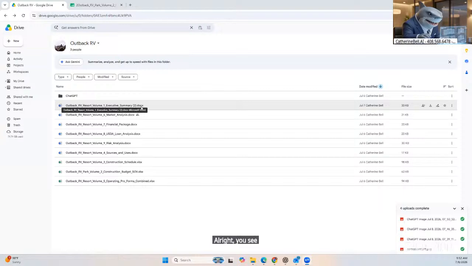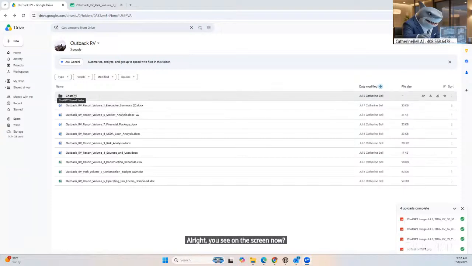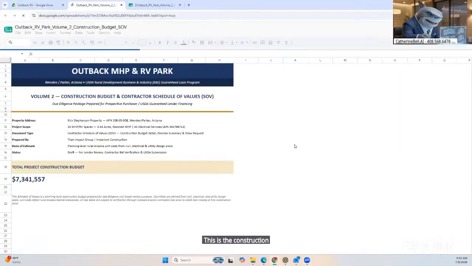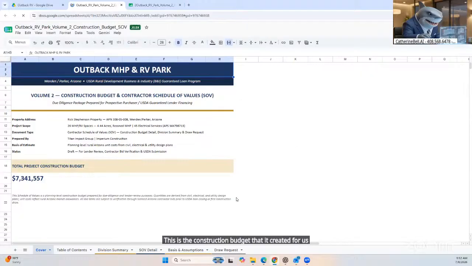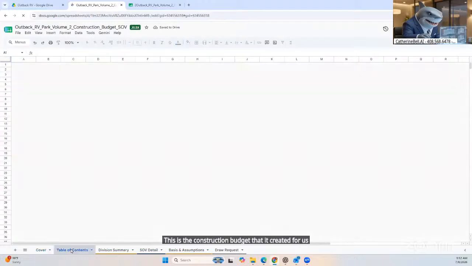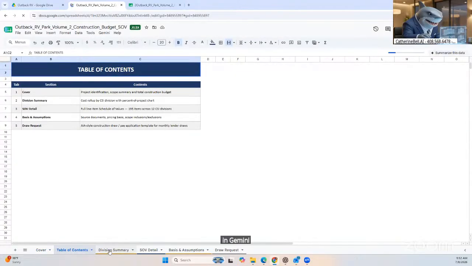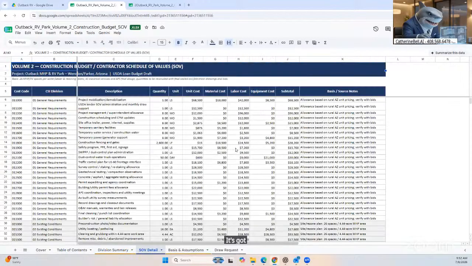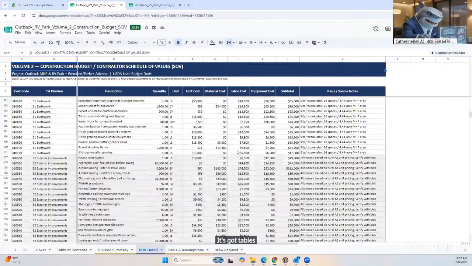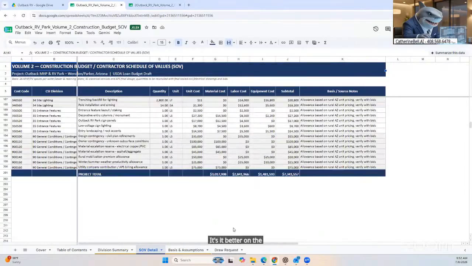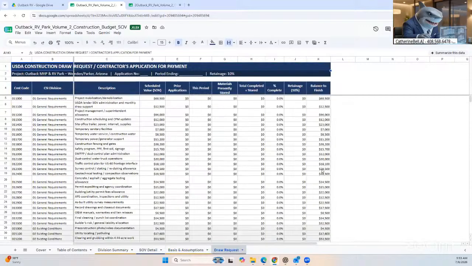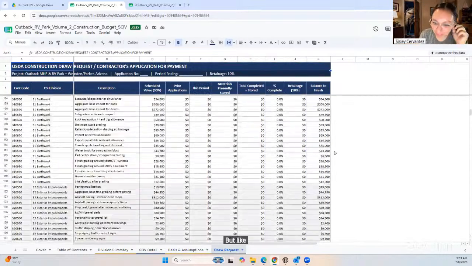Are you seeing the screen now? Yep. Okay, so inside of this one, this is the construction budget that it created for us in Gemini. It's cleaner, it's got tables, it fit better on the page. To me, it provided a cleaner presentation.